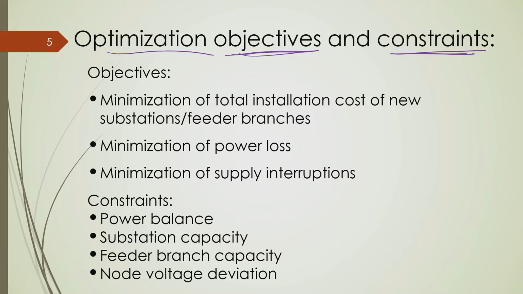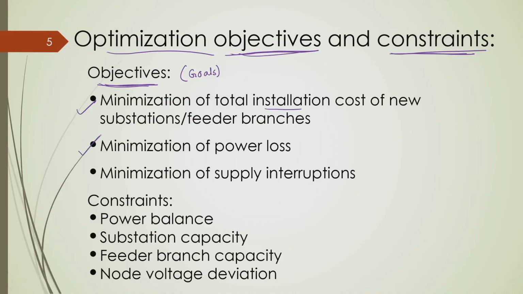In the distribution system planning problem, we have a number of objectives or goals, which include minimization of total cost. What do we mean by total cost? This cost function consists of several cost components, which I am going to discuss.